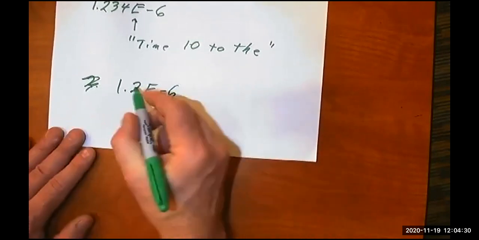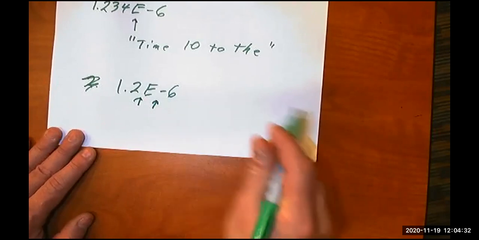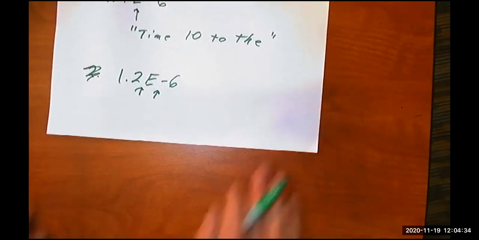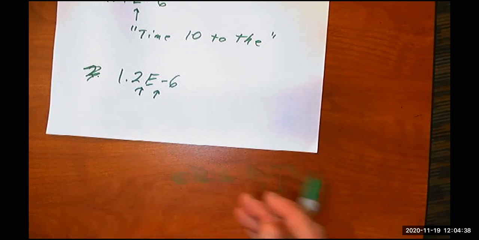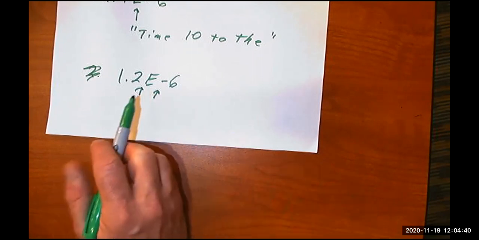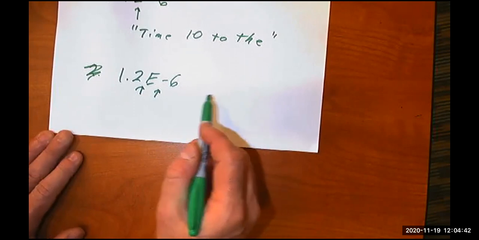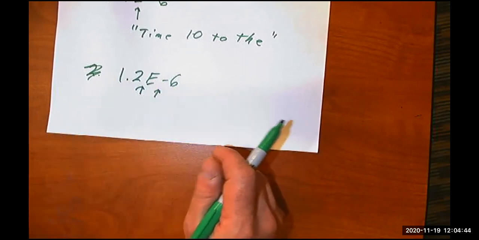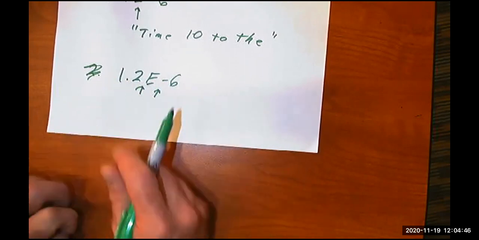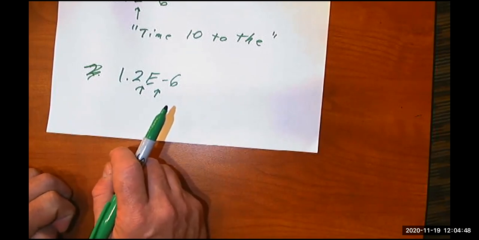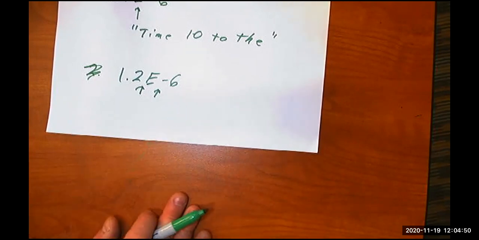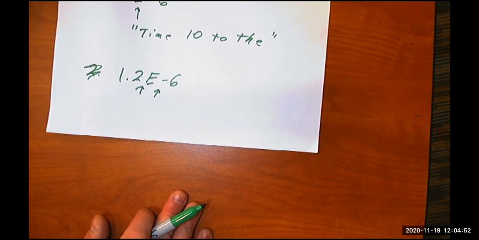Okay. There are no spaces on either side of the e. I tell you which units your answer needs to be in. Do not enter the unit designation. Just put in the numbers like this. Any questions on this format?